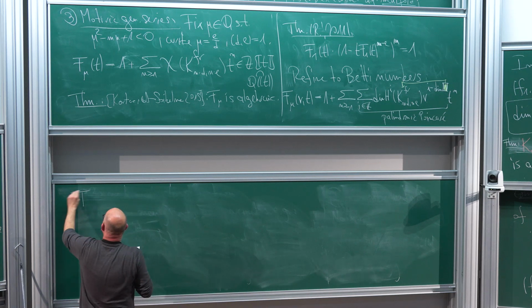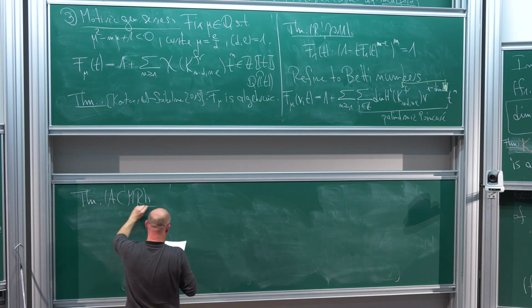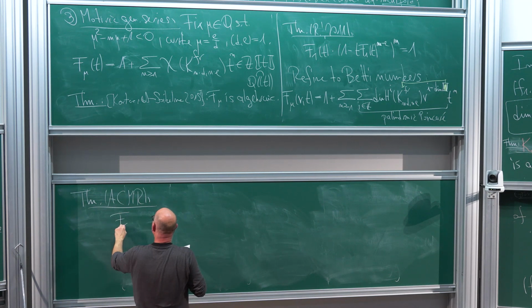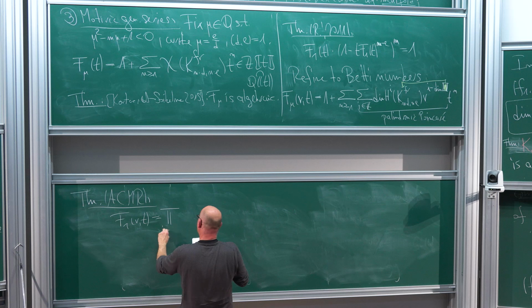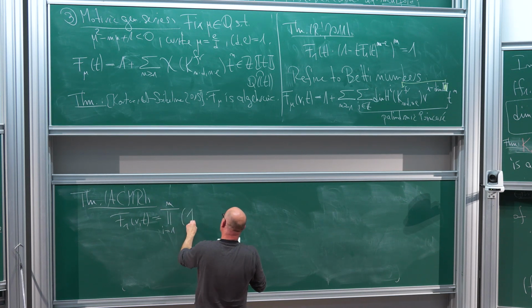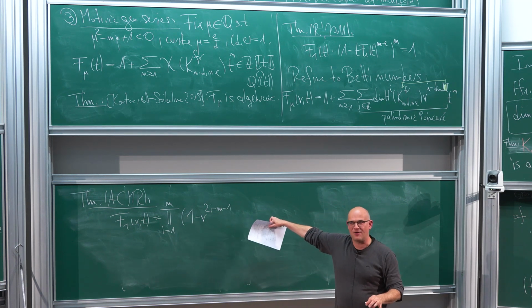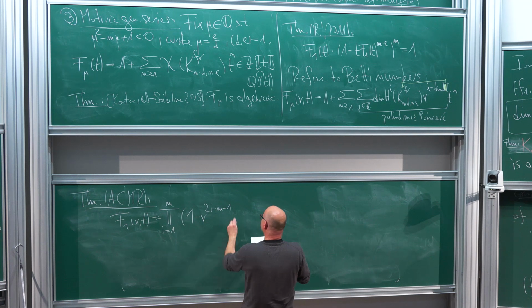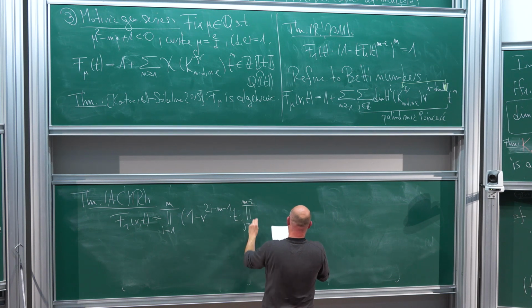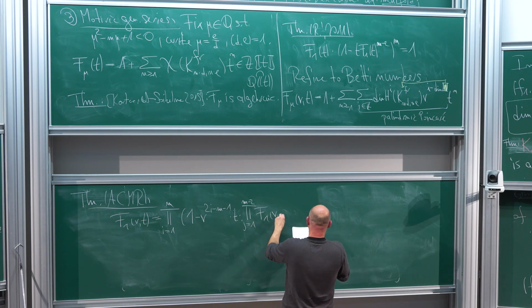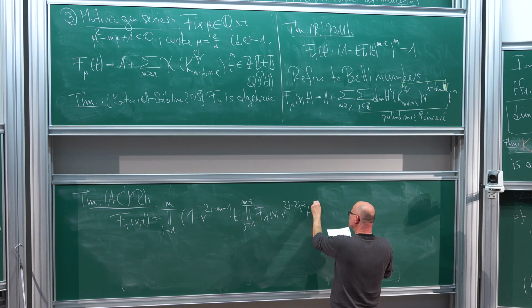So the theorem now is, this is joint with Markus Reineke, that f1 is determined by the following functional equation. f1 equals the product over i from 1 to m, 1 minus v^(2i minus m minus...). In first approximation, ignore all powers of v. Times t times product over j from 1 to m minus 2, f1 of v^(2i minus 2j minus 2) t minus 1.